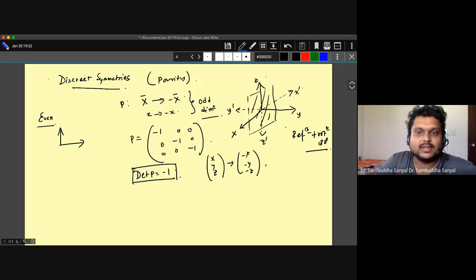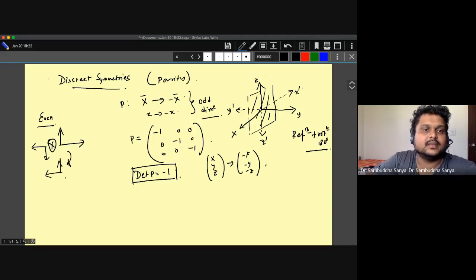If you try to do the same thing, you will reach the following. So this must not go to this. This is not the same thing. It is a different one, a 180-degree rotation only. So the equivalent of this is this. So in even dimension, the parity should be defined like that.